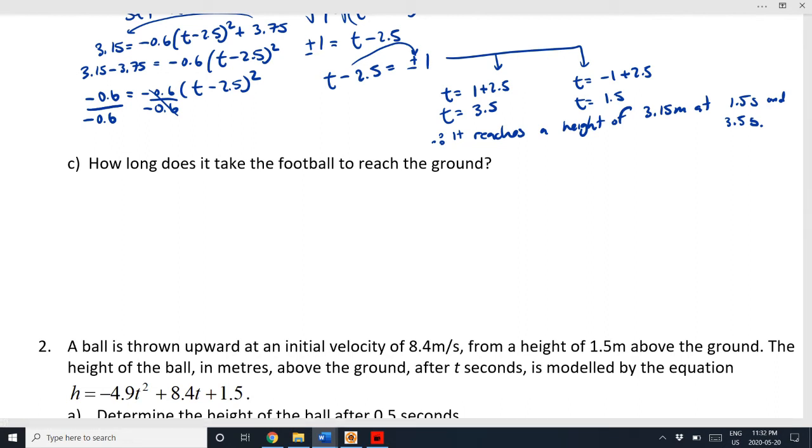So let's go ahead and do this. So we want to set h to 0, and we'll rewrite our equation. h is equal to negative 0.6 (t minus 2.5) squared plus 3.75, and we know h is equal to 0. So we're going to set h to 0, and we're just going to go through the steps of solving this.